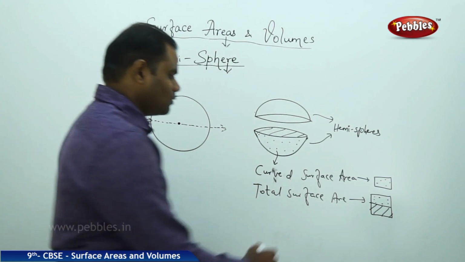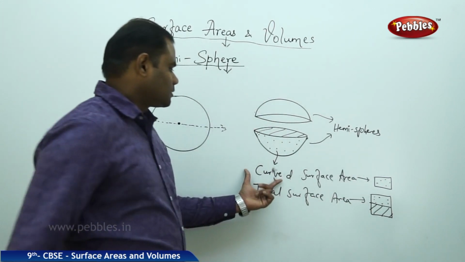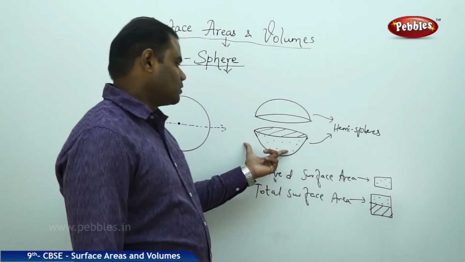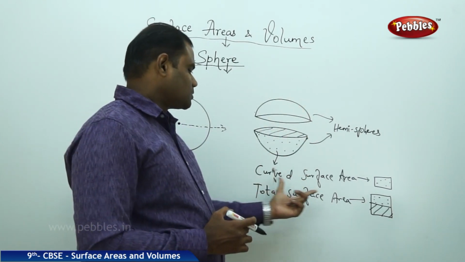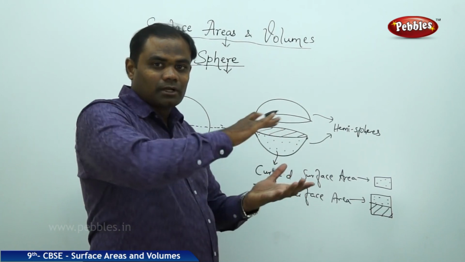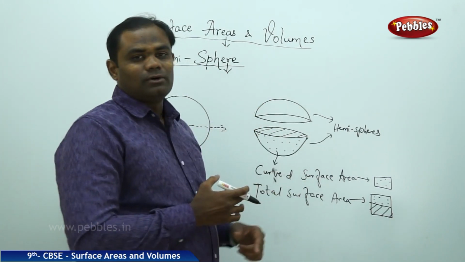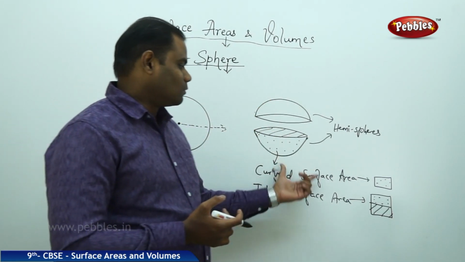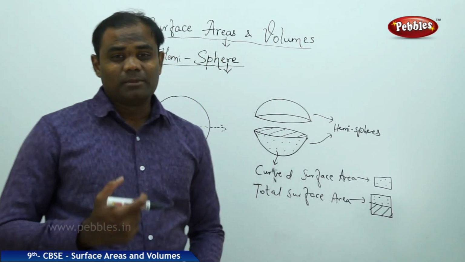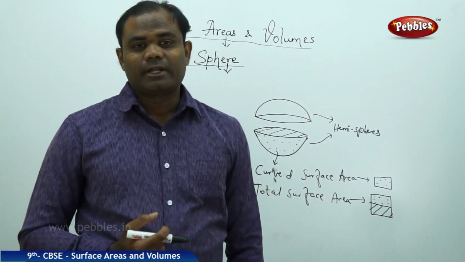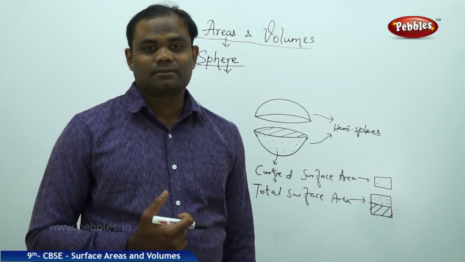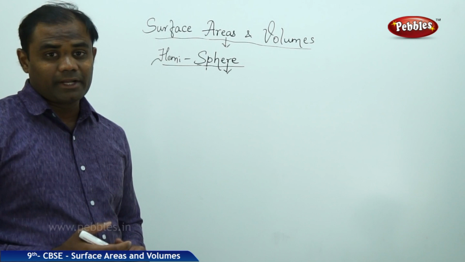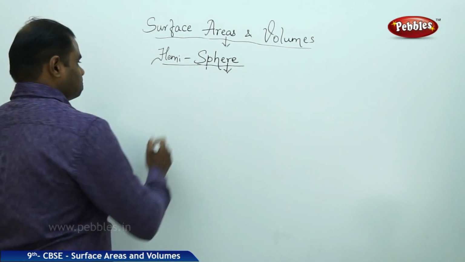This is how we differentiate between the curved surface area, denoted by the dotted region, which is only the curved part of the hemisphere, and the total surface area, which includes the bottom and also the top of the hemisphere. We are going to discuss the formulae for the curved surface area and total surface area of a hemisphere in the following session.